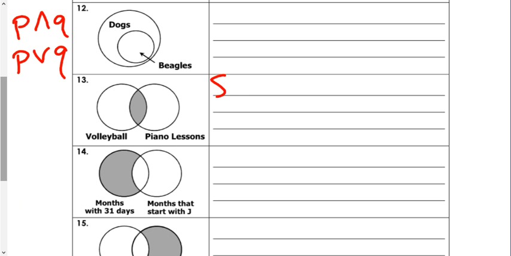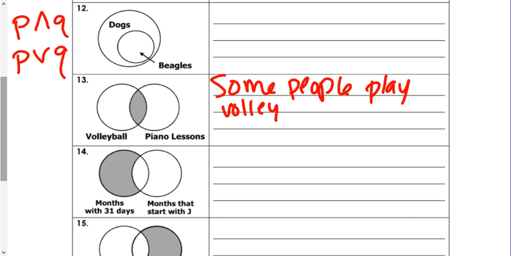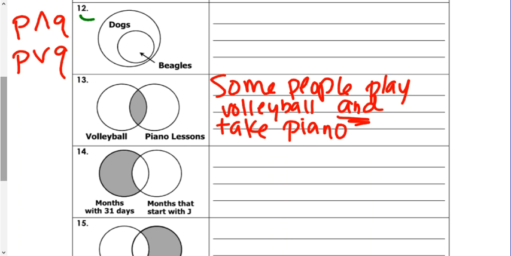So we would say some people play volleyball and, because remember the and is where they merge, and they take piano. So again, we're going to pause the video. You guys are going to try out number 12 and number 14.